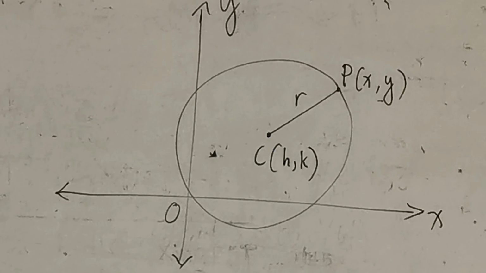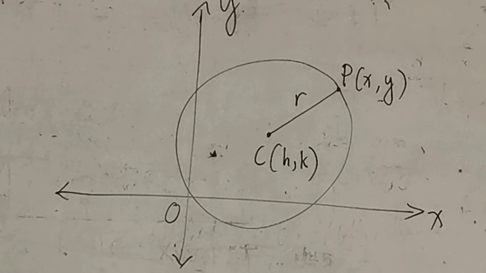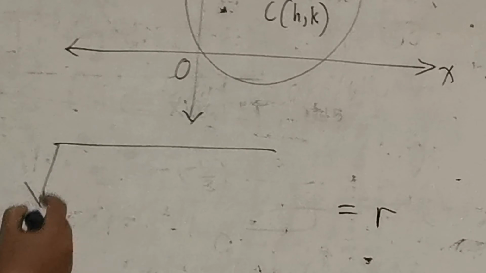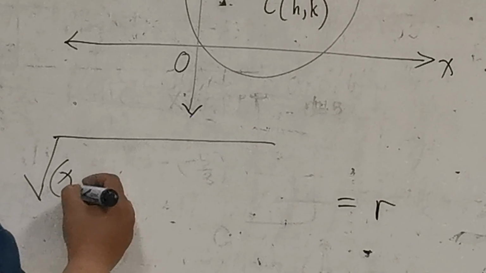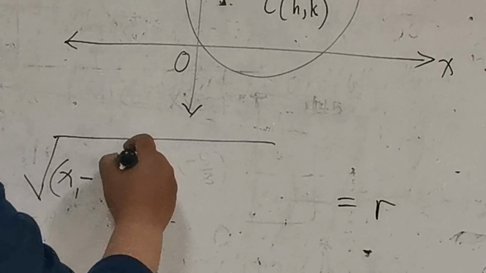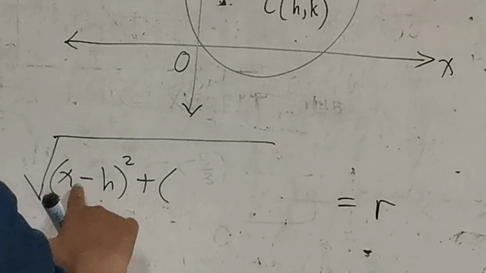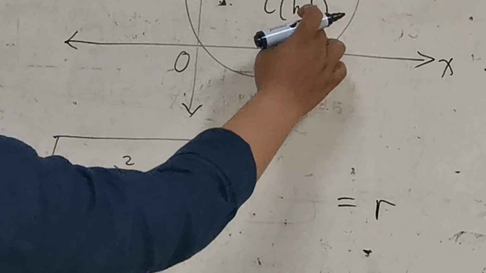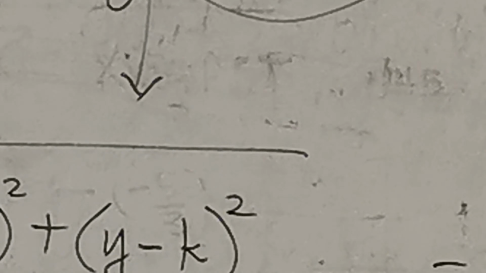So for this one, the distance will be r is equal to the square root of x minus h squared plus y minus k squared, where P is the point, is equal to the radius.